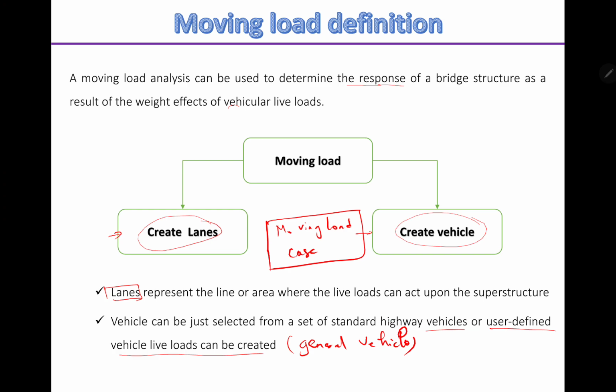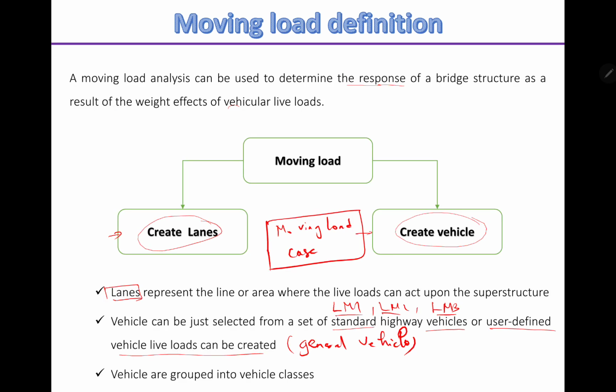For example, in the Eurocode standard we have load model 1, load model 2, load model 3; those are the moving loads. In each load model we will find either axle loads or distributed loads.